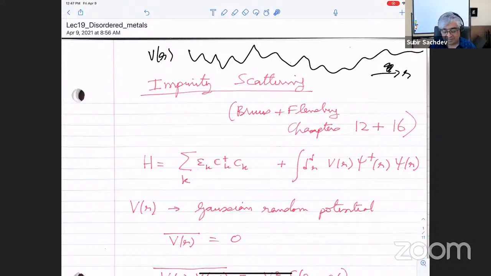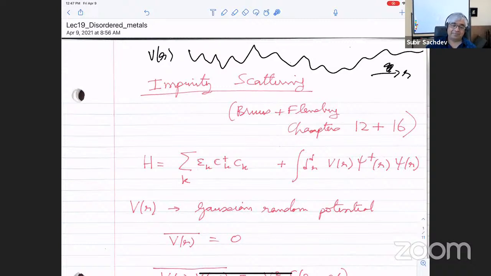So we want to statistically answer some things about the Green's function properties. What we're going to compute first is the average Green's function in the presence of some potential, over some ensemble of V of R. The hope is that the ensemble average is the same as the self average.